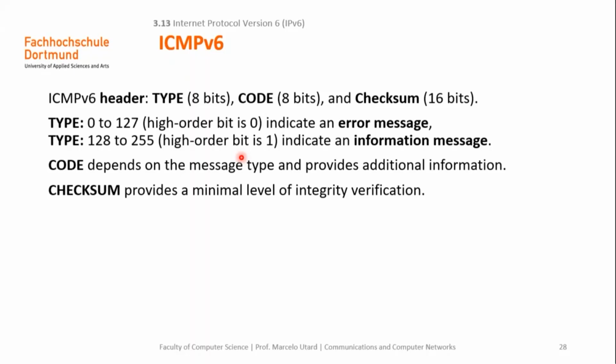Instead, when the high order bit is set to 1, that is a type range from 128 to 255, those messages indicate an information message, typically for diagnostic or configuration. The code depends on the message type and provides additional information. Checksum provides a minimal level of integrity verification.